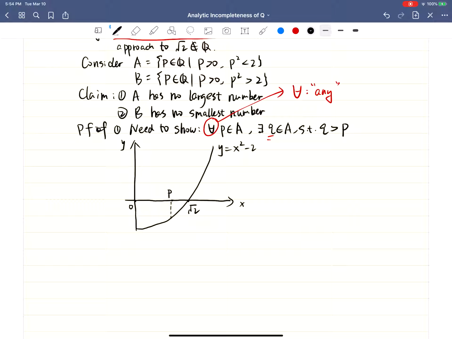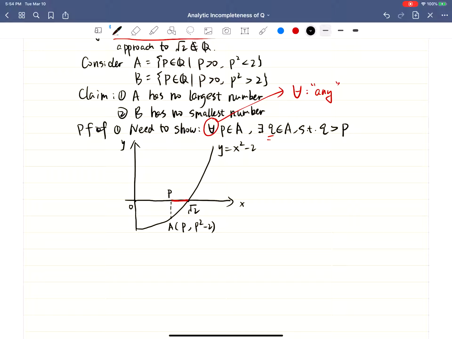And let's just call this point A. Okay, so the coordinates of A are P and P squared minus 2. Okay, so now we need to choose a point between P and the square root of 2. Okay, so how do we do that?